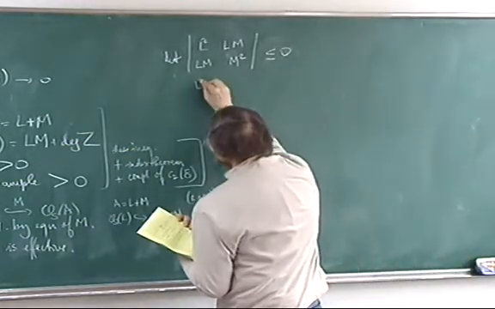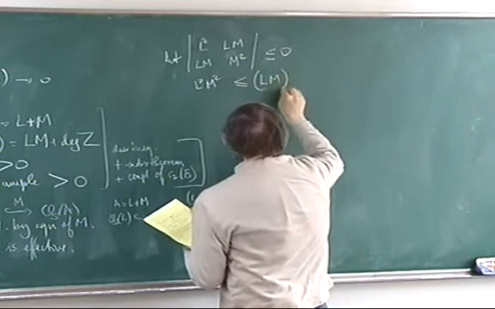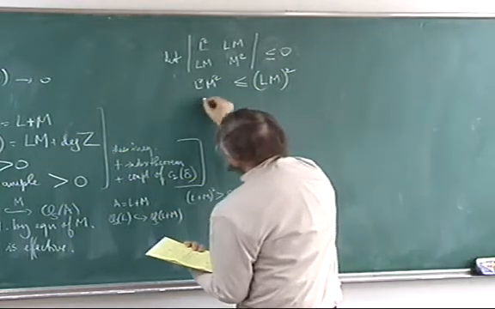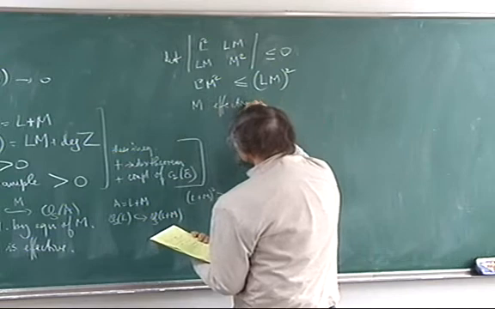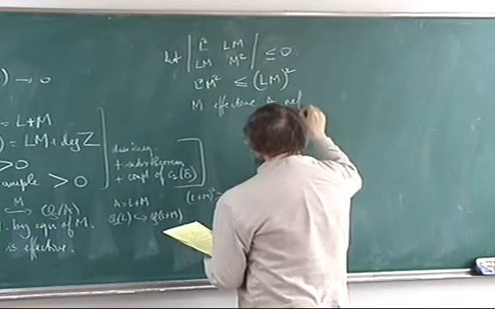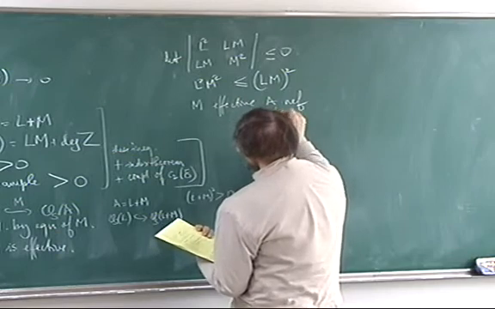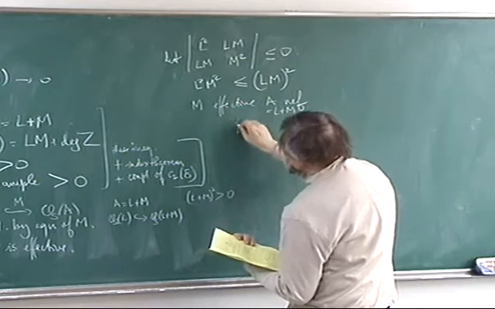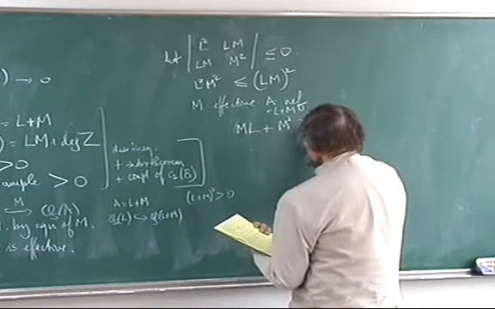So L squared times M squared is less than or equal to LM, all squared. And also M is effective and A is nef. So A is L plus M, and so therefore M times L plus M squared is greater than or equal to 0.